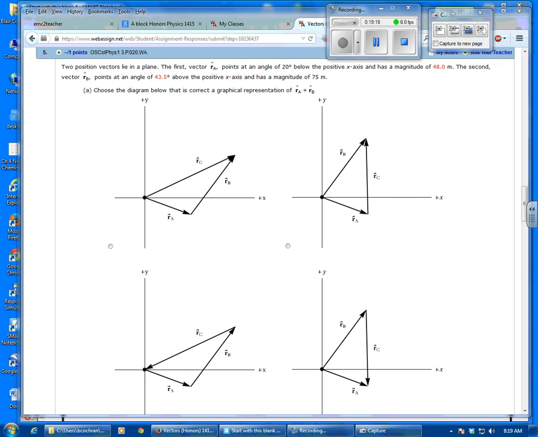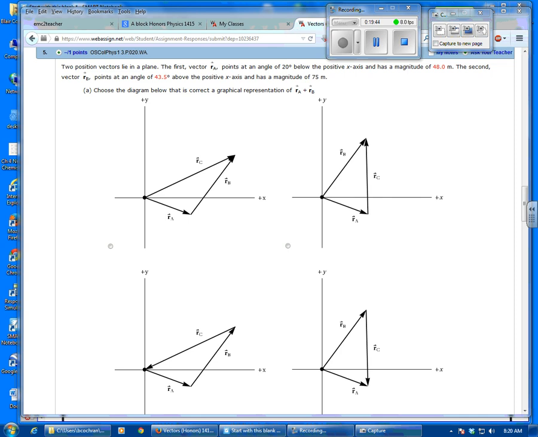Could be any of them, because all of those are there. But I have to then remember, oh, I'm adding these two vectors, so I'm going to put them in tip-to-tail arrangement. So RA and RB in the first upper left diagram are in tip-to-tail. They're not in the upper right-hand one, so I'm going to forget about that one.